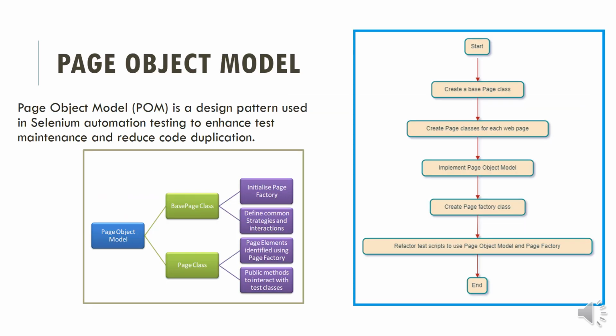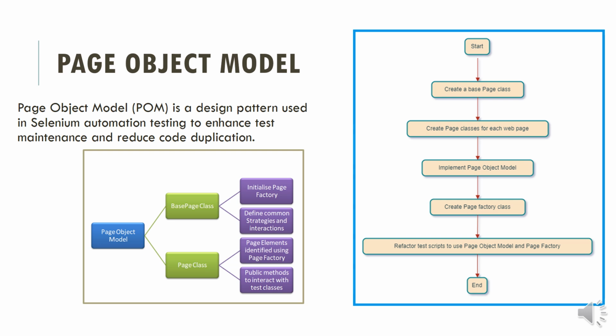Page object model is a design pattern used in Selenium automation testing to enhance test maintenance and reduce code duplication. We can implement the page object model in the following way. We can create a base page class that will initialize the page factory and will also define common strategies and interactions that can be used across different page classes.